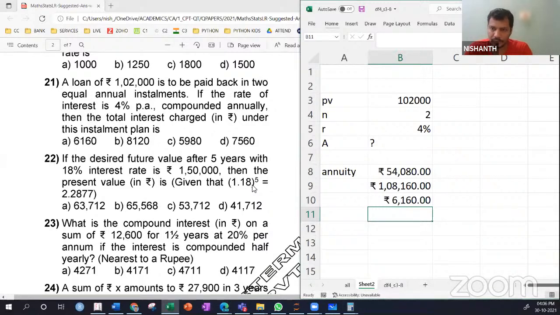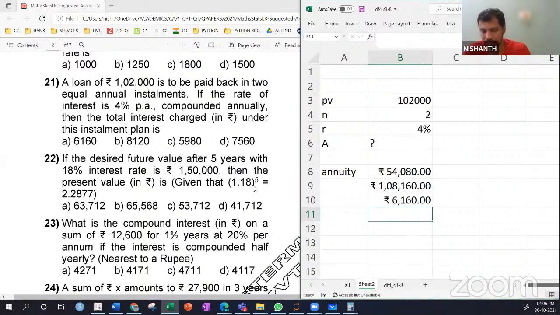Sir, nothing is given, so annuity, sir. It is not annuity. But next, is it simple interest or compound interest? Compound. Yeah, given by that clue, 1.18 to the power 5 looks like compound interest.